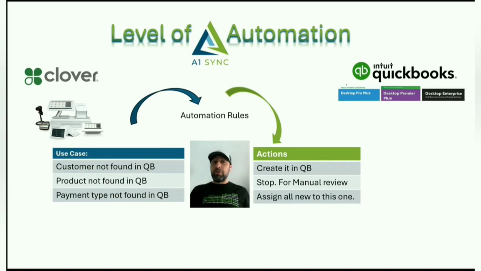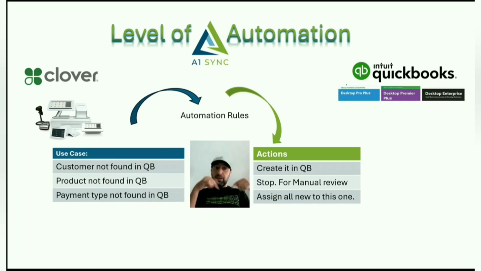You can also stop and give you the report and say, here's all the errors. This customer was not found, and then you can cross-reference it, create it, do whatever you need to do as a customer. Or you can assign all new customers to this one, right? So that's another nifty feature where you can say everything that comes new, let's just assign it to something called uncategorized customer.